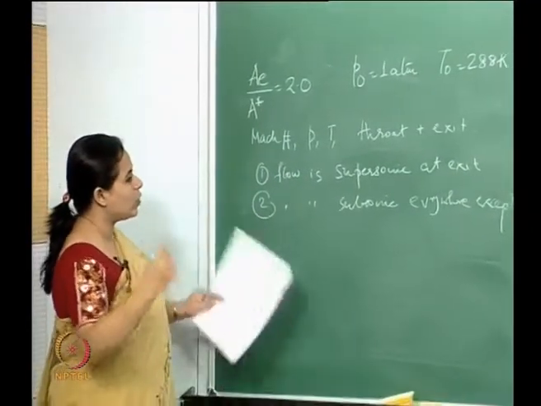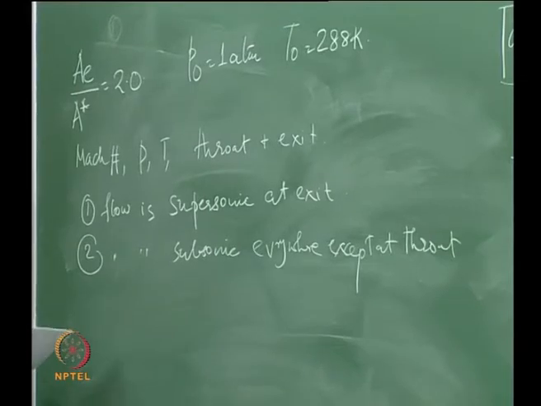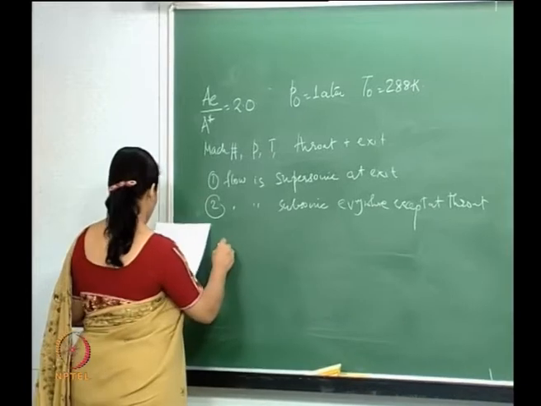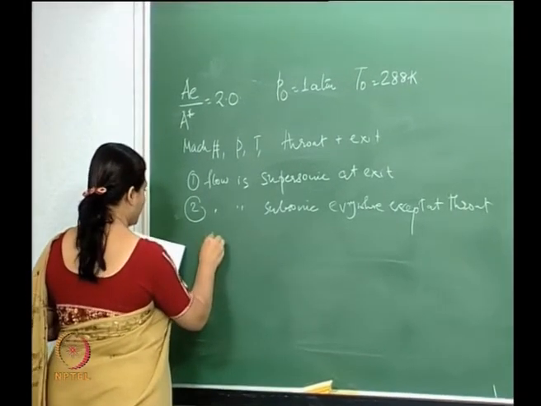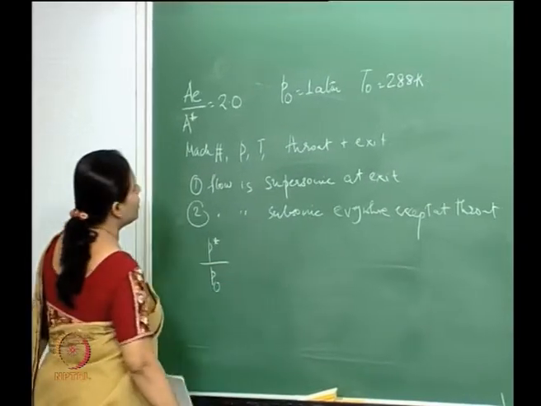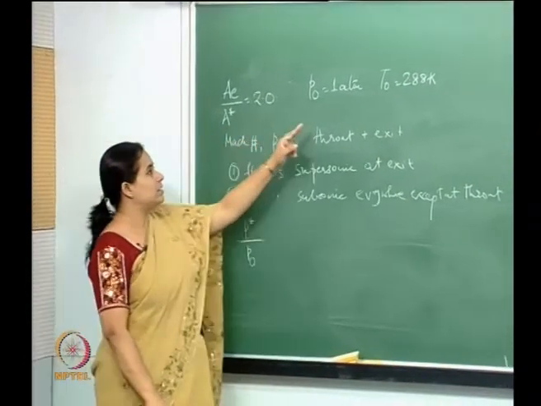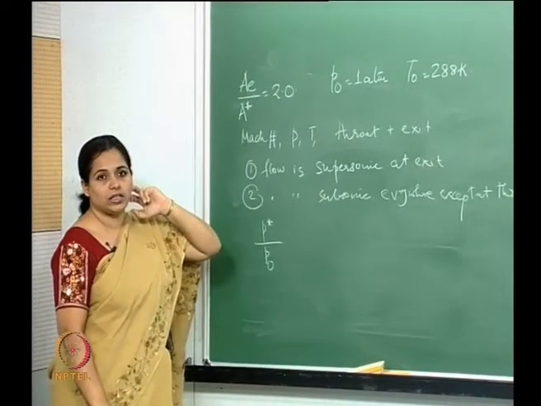Okay. So, how do we go about doing this? We will need to find out, now we do not know any throat conditions. This is all that is given to us. The stagnation conditions are given and the area ratio is given.